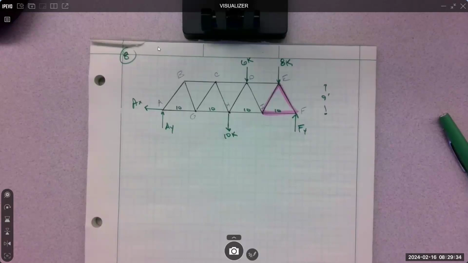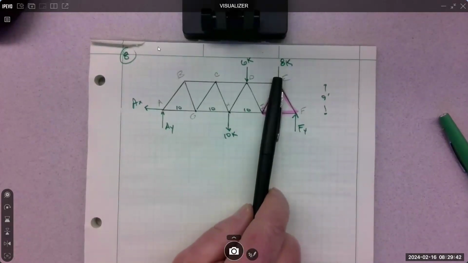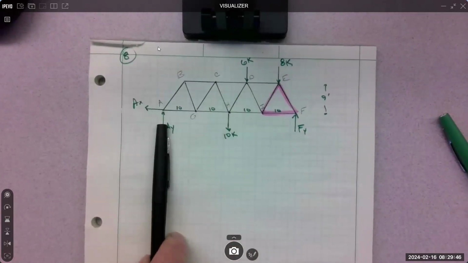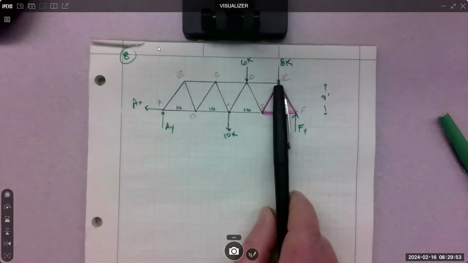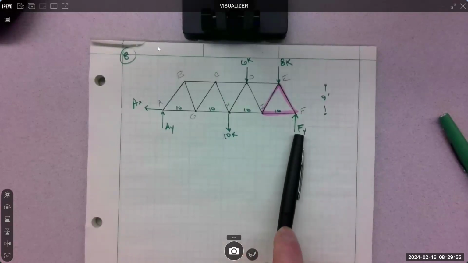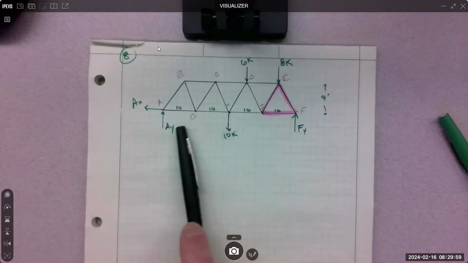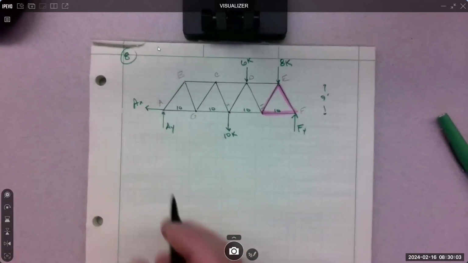So here's the deal, a little bit of a shortcut. If you know you're going here and you're solving connections over here, right? You really don't need these. Agreed? So if you're given a problem like this, like on a quiz or something, and you need FY, then I can just go to work with the method of joints. I don't really need AY and AX. That makes sense? Yeah.